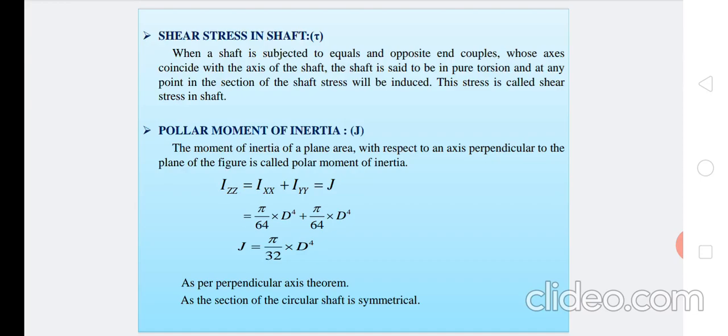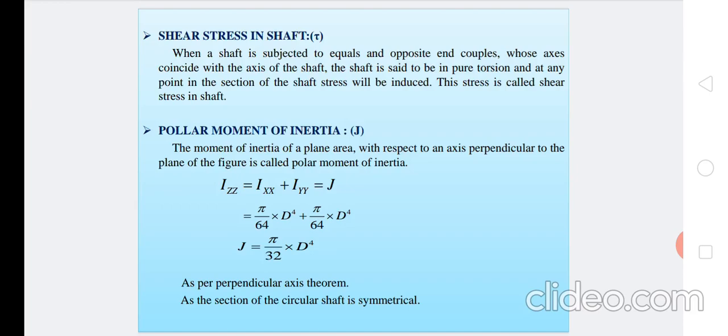Now, next point, polar moment of inertia. It is denoted by J. The moment of inertia of a plane area with respect to an axis perpendicular to the plane of the figure is called polar moment of inertia. As per the perpendicular axis theorem, Izz equals Ixx plus Iyy equals J. As the section of the circular shaft is symmetrical, Ixx equals Iyy.